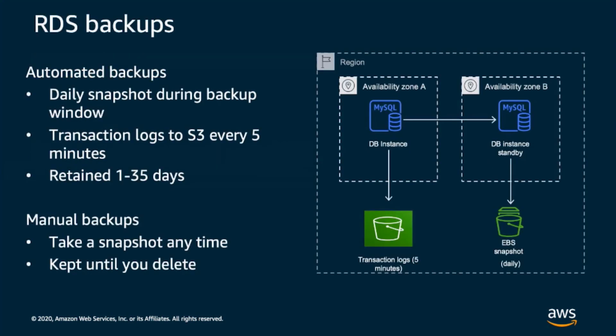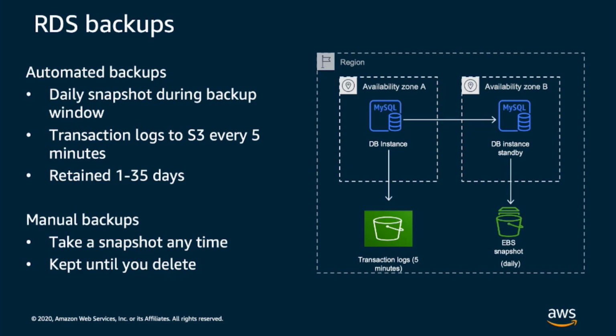So in RDS, we have two types of backups. You can take automated backups, which have a retention period of 35 days, and these are daily snapshots. It will happen during the backup window, right?